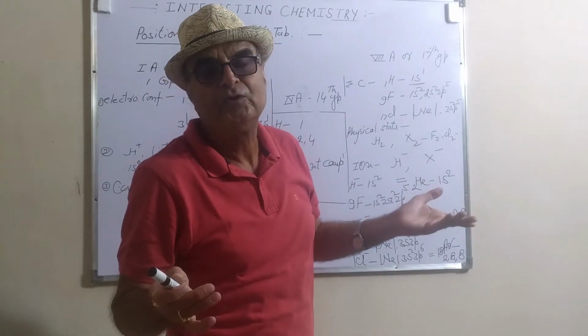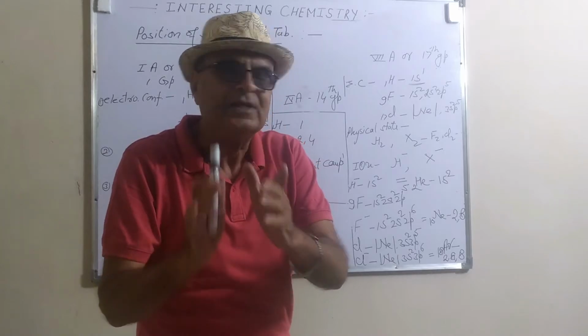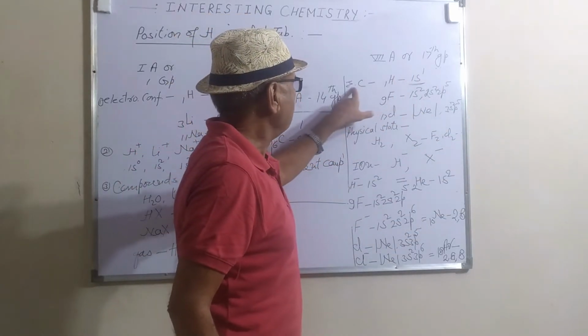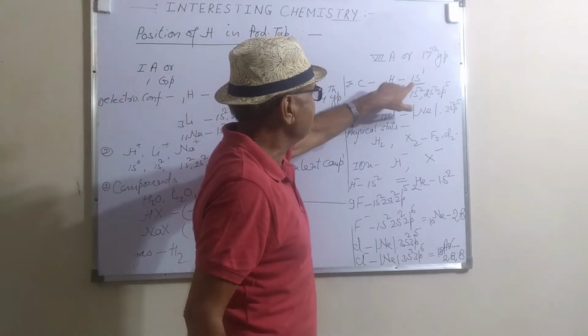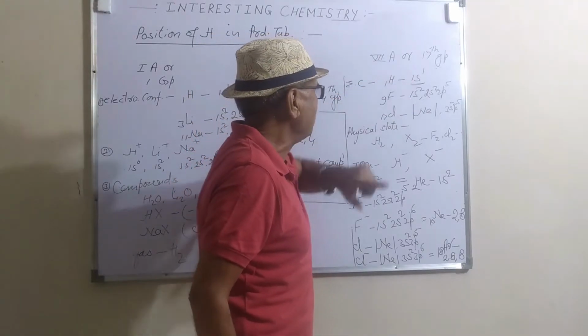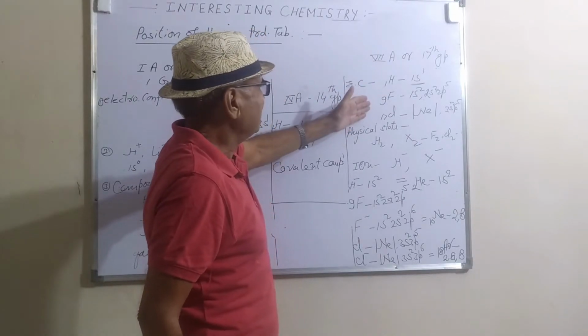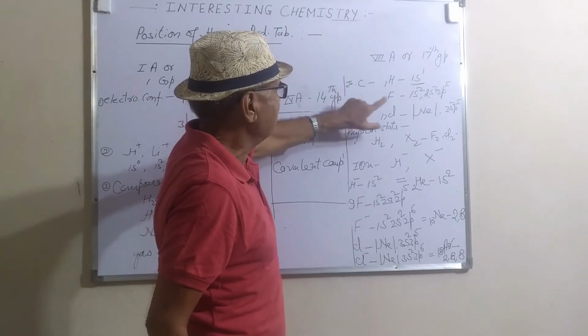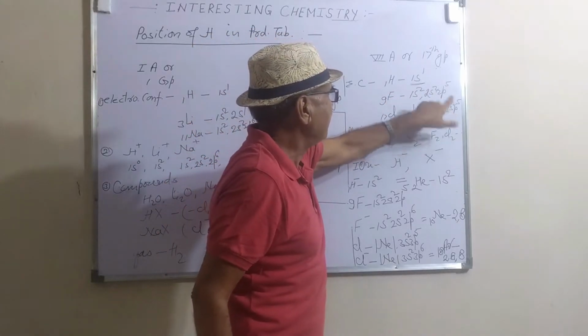Again, you have to see the electronic configuration. The electronic configuration of hydrogen is 1s1, whereas for the halogen elements, for fluorine, it is 2p5, the p5.